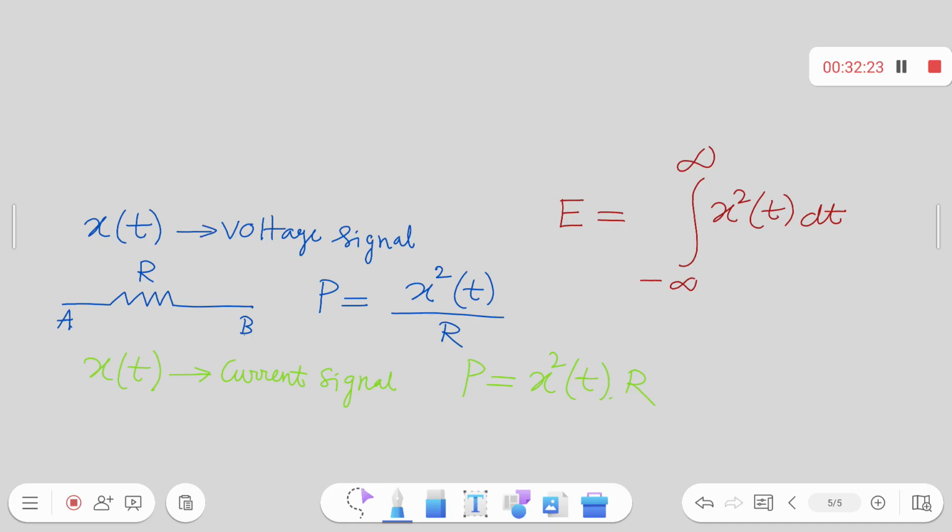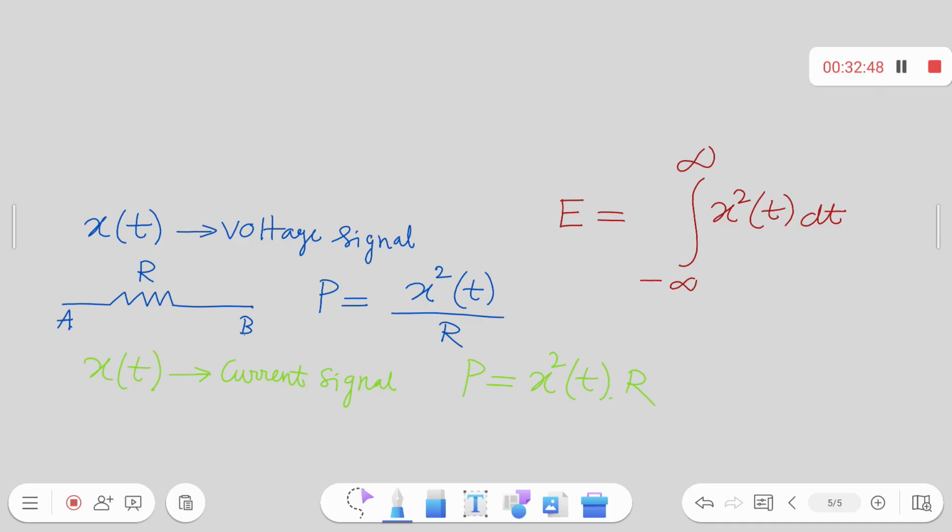So x squared t dt is basically what? x squared t is the instantaneous power at time t. If you multiply it with the small time dt, that will give you the energy at that particular time. You have to add all these things, so integration from minus to plus infinity of x squared t dt.